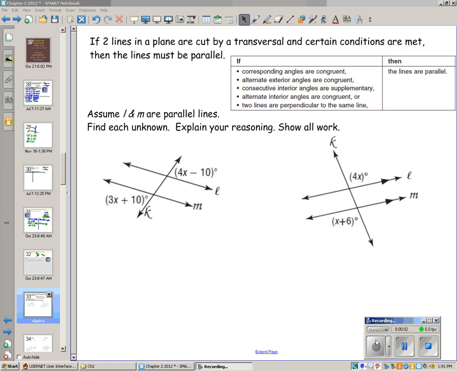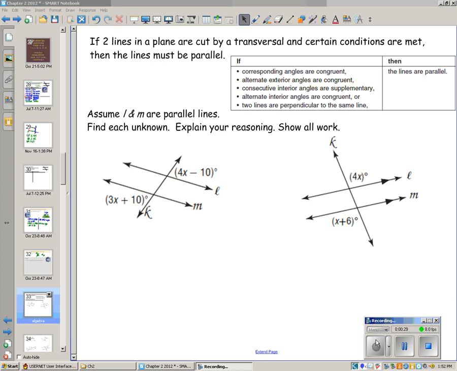Okay, so you're going to have some like this on the assignment. Think of the reasoning that we've used so far. Somehow we need to figure out what x is, and somehow these things are probably going to be equal, or they might add up to 180.